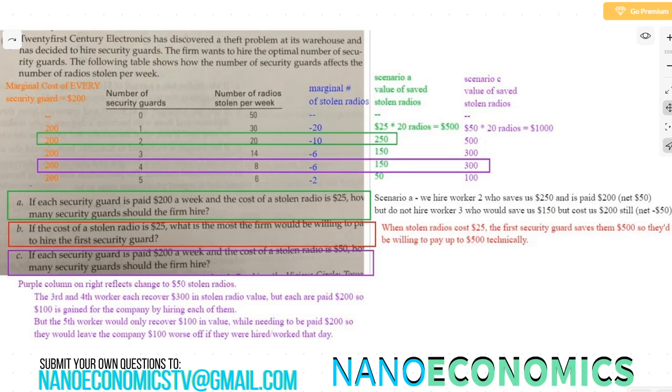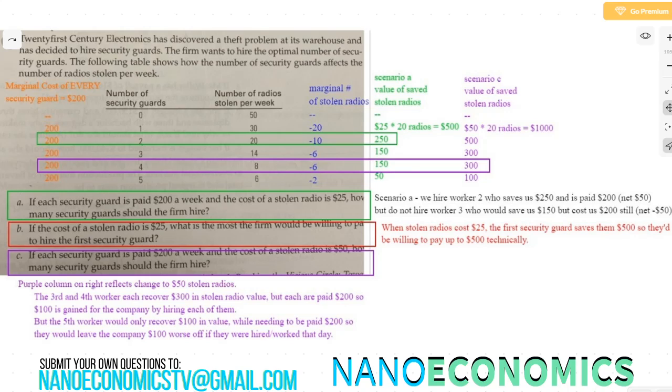And so we're given a couple of different situations. If each security guard is paid $200 a week, the marginal cost of an additional security guard is $200. And the cost of a stolen radio is $25. So for every radio that's stolen, we're losing $25.